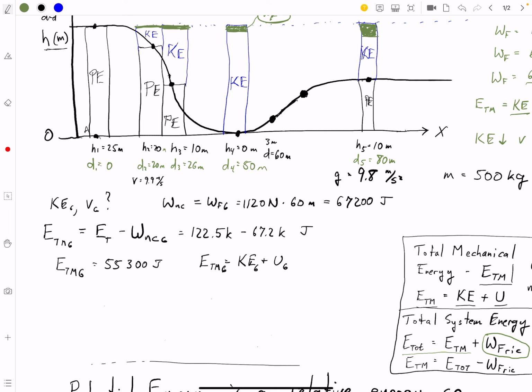So what is a U of 6? That's 3 meters high. So that's mgh6, which is, we've got our 500 kilogram cart, 9.8 meters times 3 meters. U of 6 is equal to 14,700 joules.